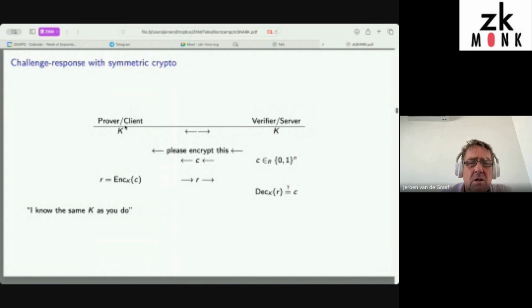...which is known by the client and which is known by the server. And then as part of the authentication protocol, the server sends a random string C. I call it a challenge.